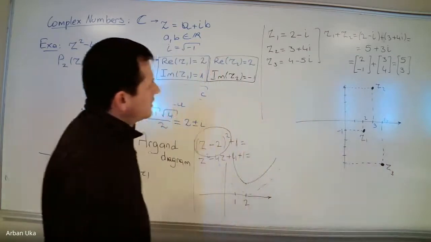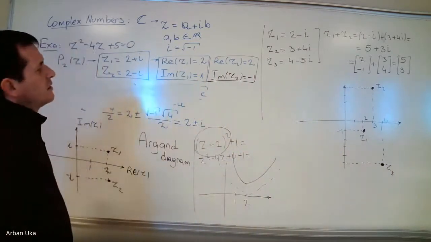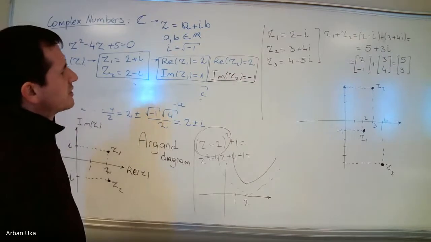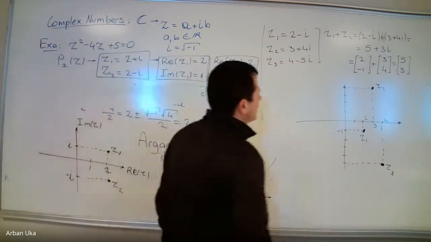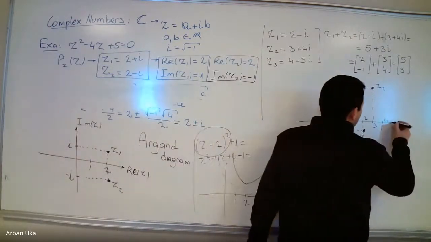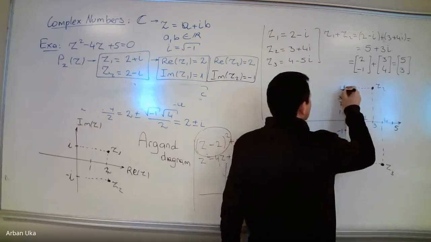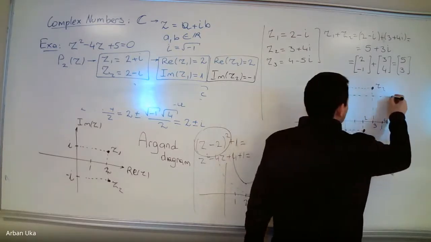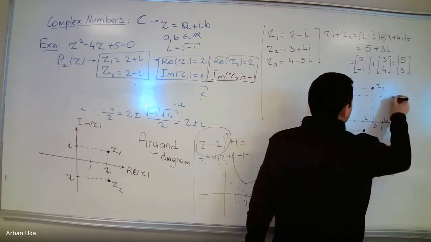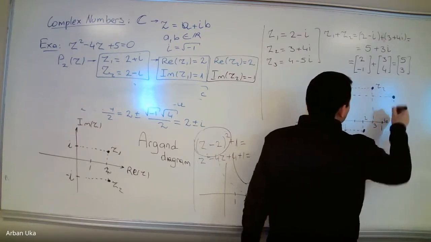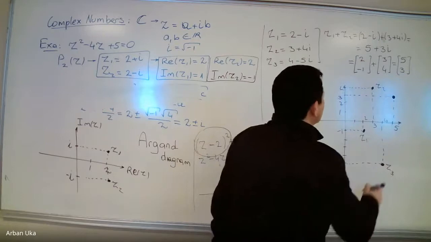Okay. So we added. What did we get for Z1 plus Z2? We got 5, 3. So we got this one. This is 5 and 3. It's 1, 2, 3, 4. So apparently this is Z1 plus Z2.